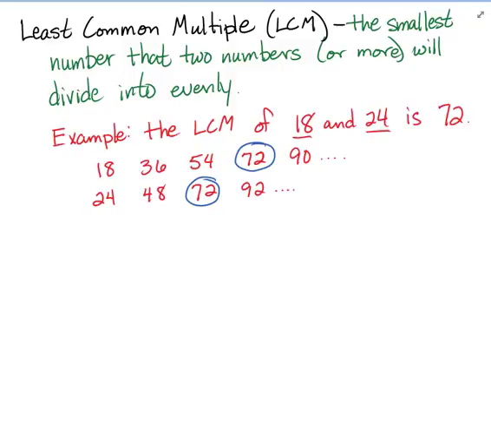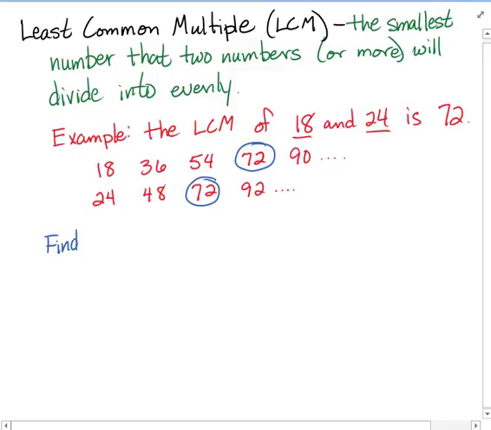Because you'll remember that the prime factorization of a number is kind of breaking the number down into its most constituent parts. So if I want to use the prime factorization method to find the LCM, I'm going to first find the prime factorization of each of our numbers.